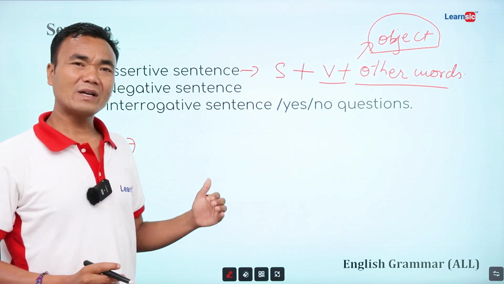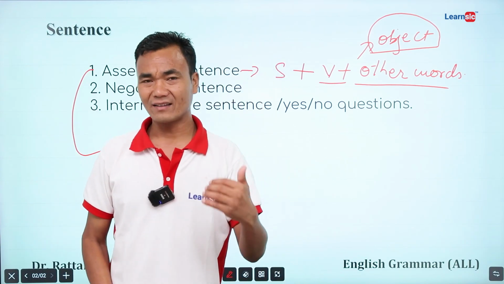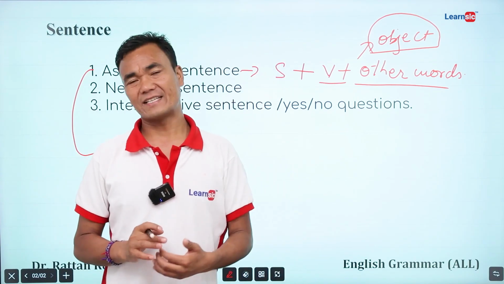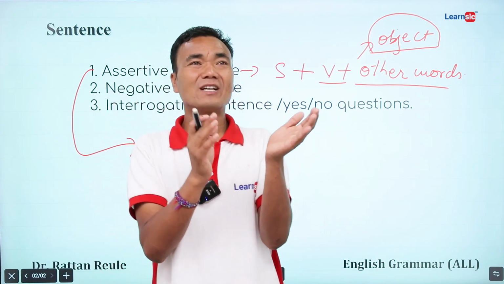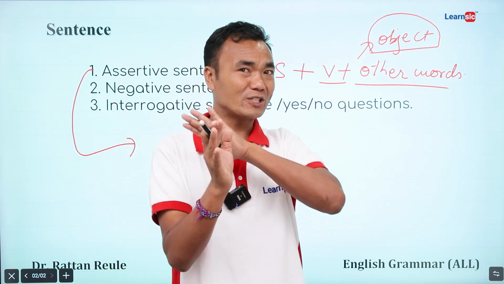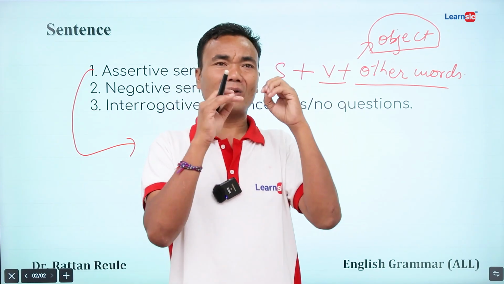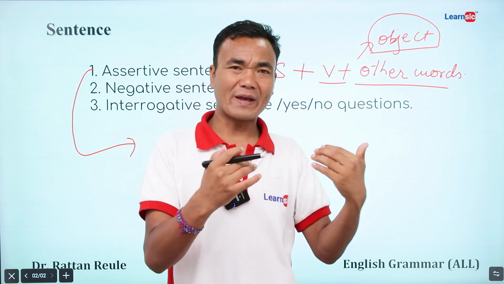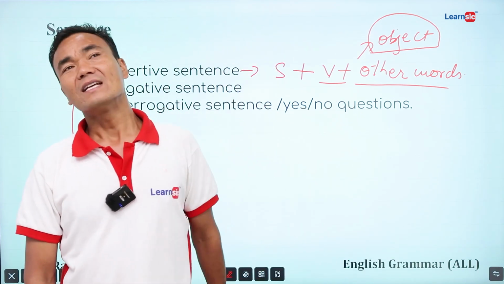The second important thing regarding the assertive sentence, which is also known as a positive sentence, is that positive means not negative, right? We are not using not, nothing, no, nowhere, or never in the assertive sentence.